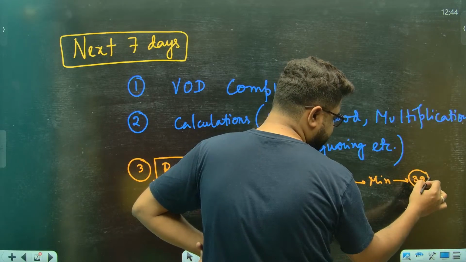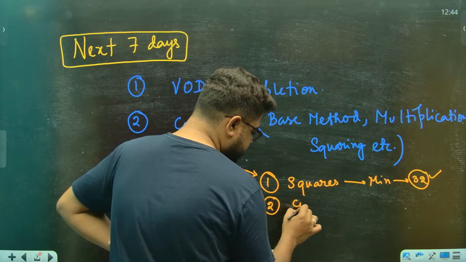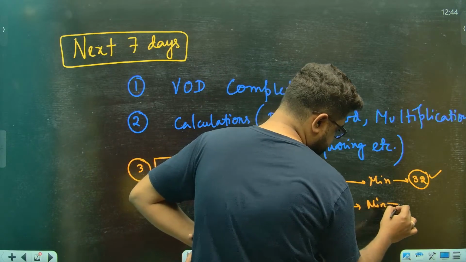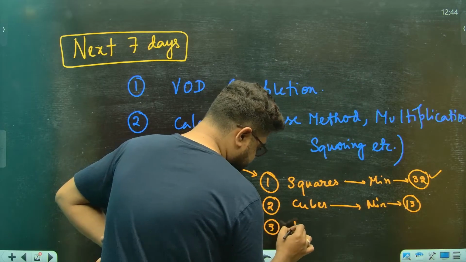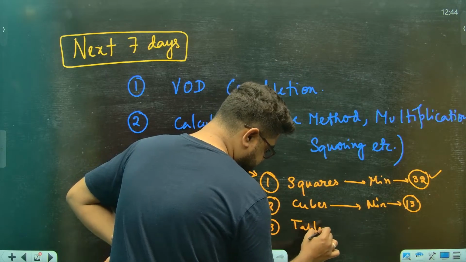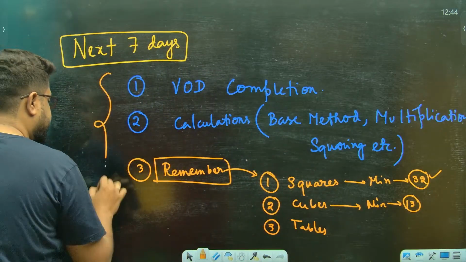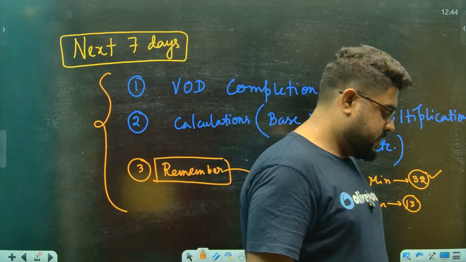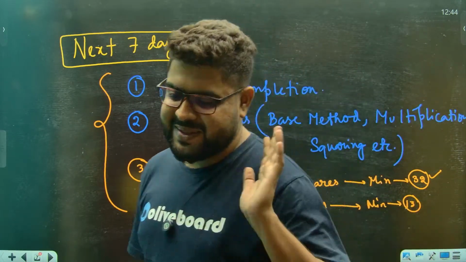This is the bare minimum, preferable 50 tak. Cubes, minimum till 13, sir, 2000 तक, and tables till 20. These are all prerequisites. These things you must do. ठीक है? There is no either or here. You must do these things.